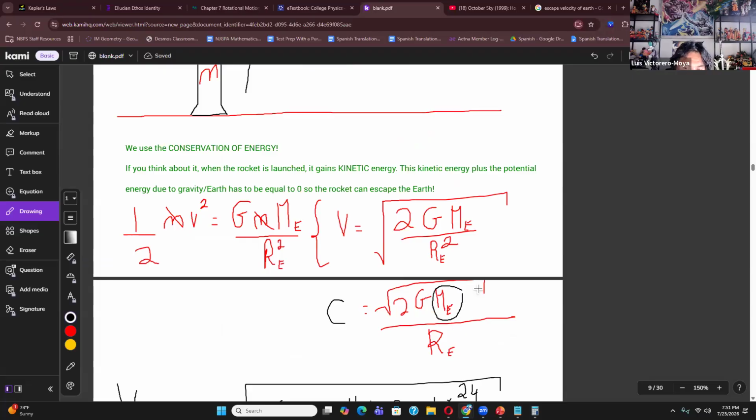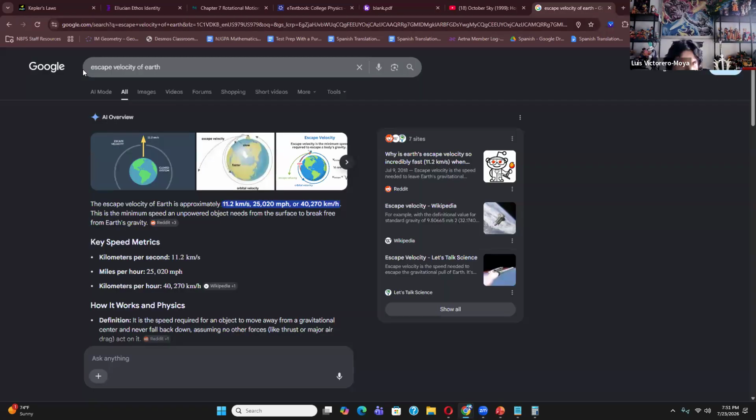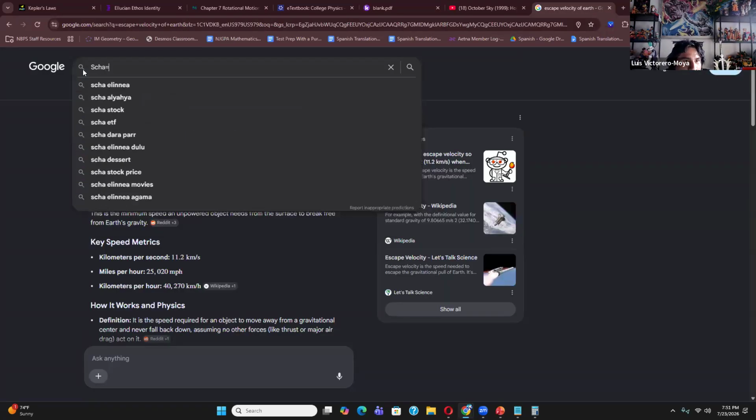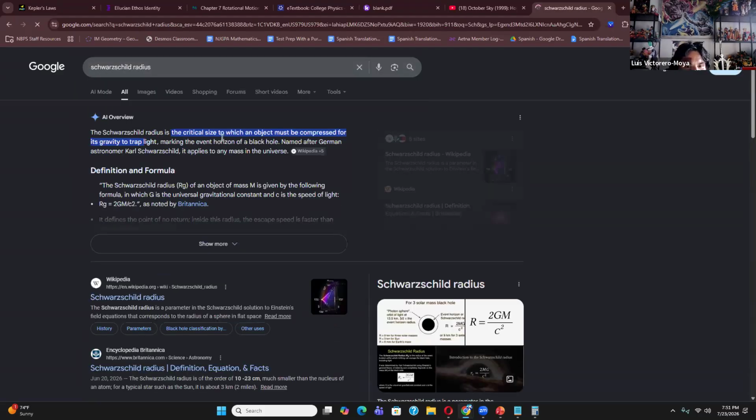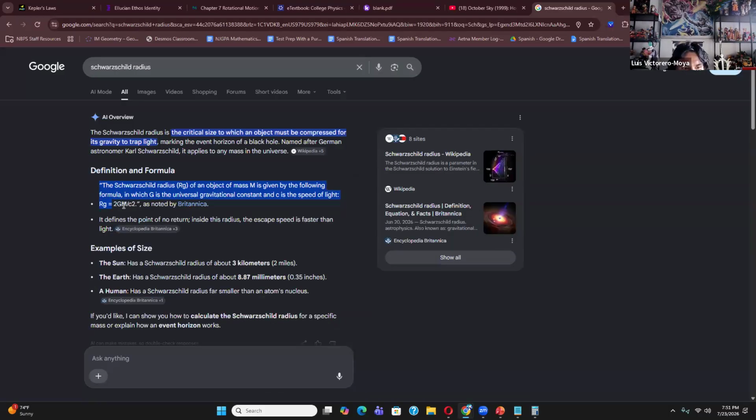If you know the mass of a black hole, you will get what is known as the Schwarzschild radius. The Schwarzschild radius is the size of an object where gravity is trapped by light. And there is your equation. I don't know if you guys can see it. Beautiful.